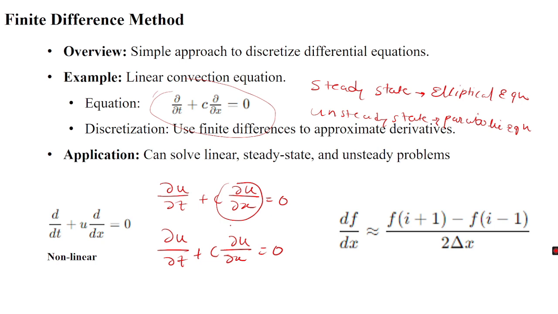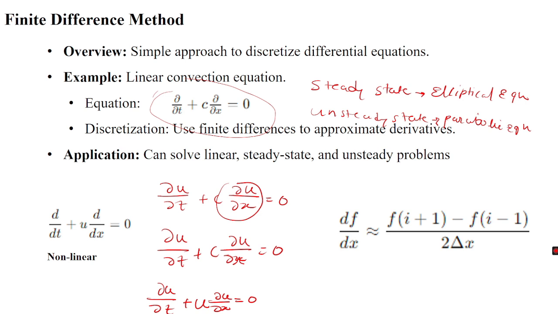C is a constant. If we change this equation into a nonlinear equation, ∂u/∂t + u ∂u/∂x = 0, instead of c I am saying u, and here it is x. Okay. So this way we can turn this linear equation into a nonlinear equation.